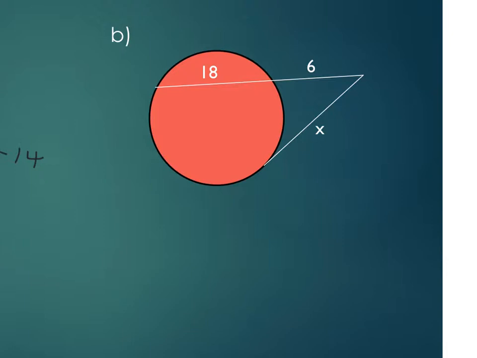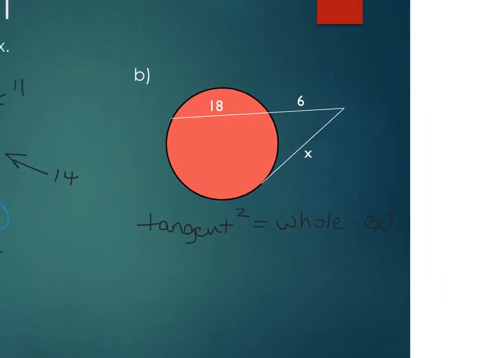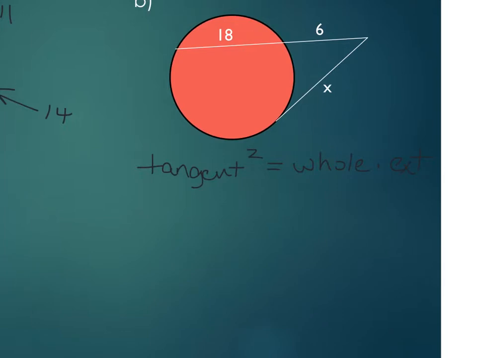Okay, we have a secant segment and a tangent segment. So for this formula, we are going to do the tangent squared is equal to whole times the external, so the ext. So we're going to multiply those two. All right, so my tangent is right here. It's the x.